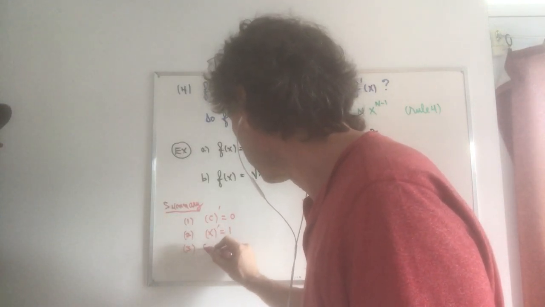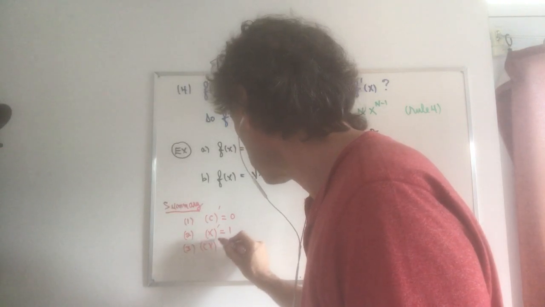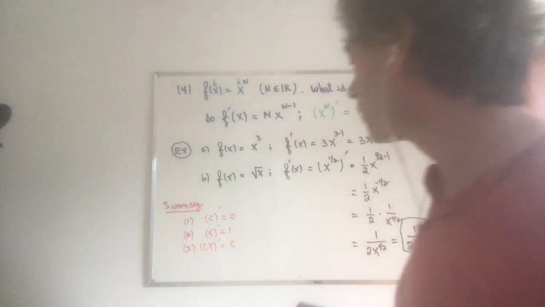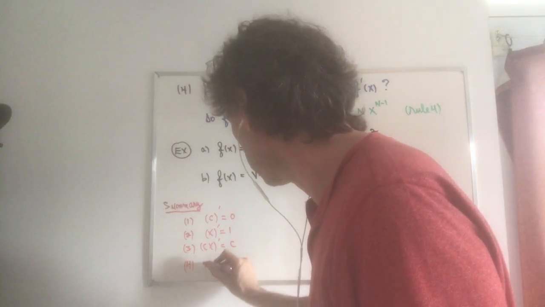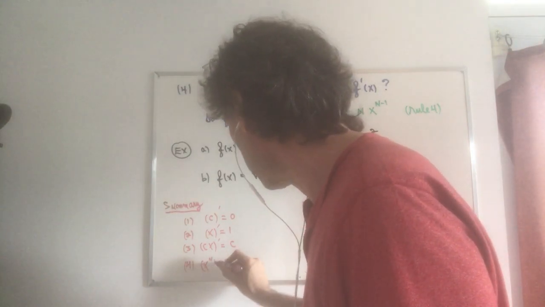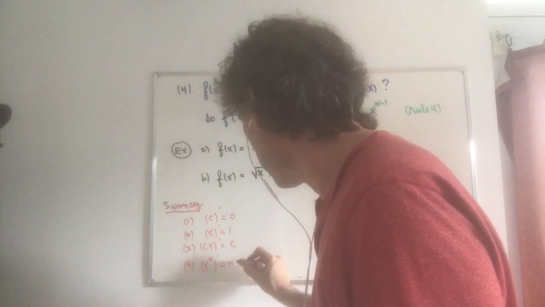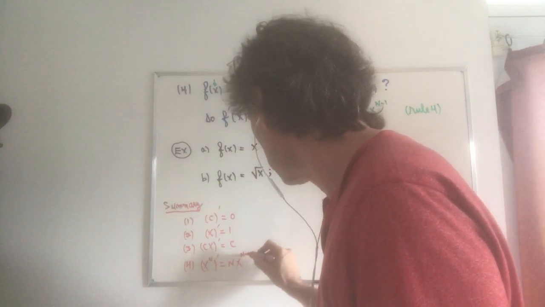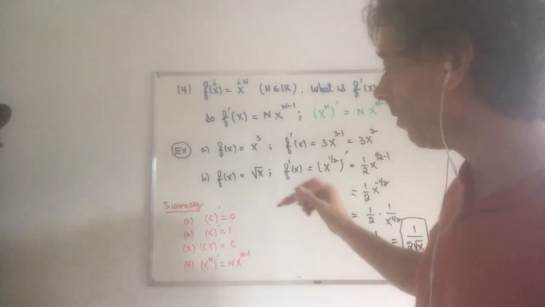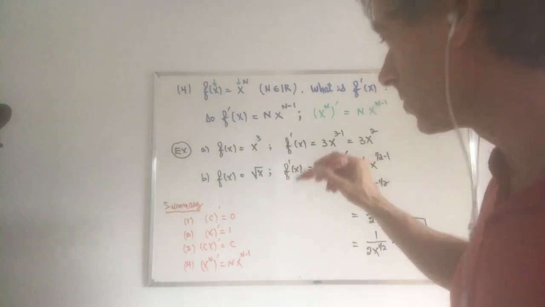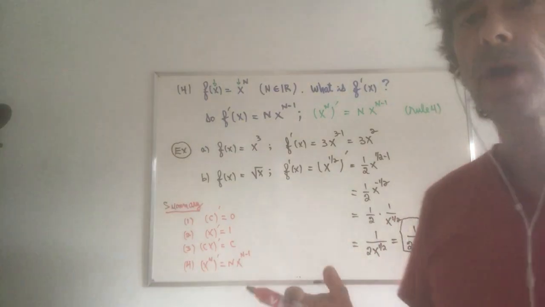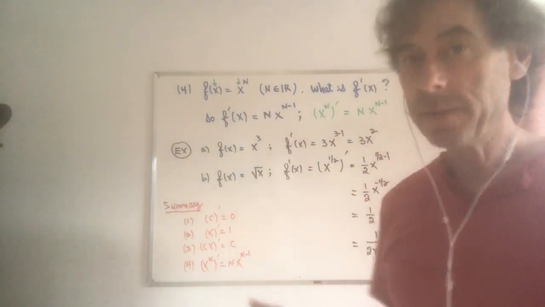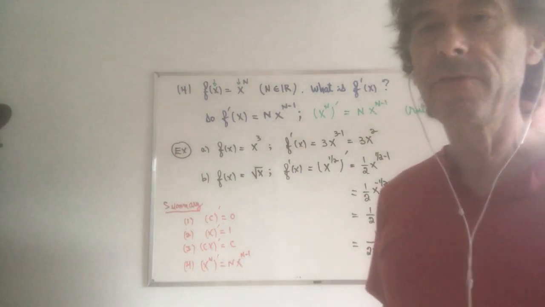Rule 3, the derivative of a constant times x is just the constant. And the latest, rule 4, the derivative of x to the n is n x to the n minus 1. In the next video, we will add some rules to this short list, and we will build up a corpus of problems we can solve by completely bypassing the limit definition.